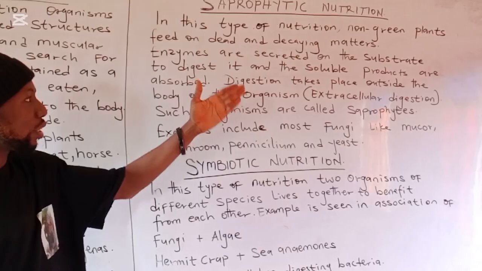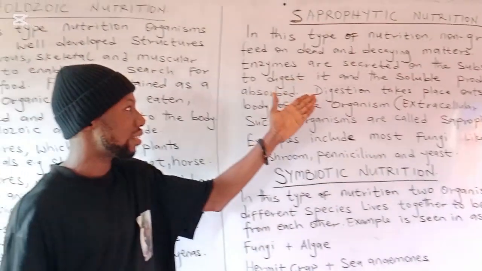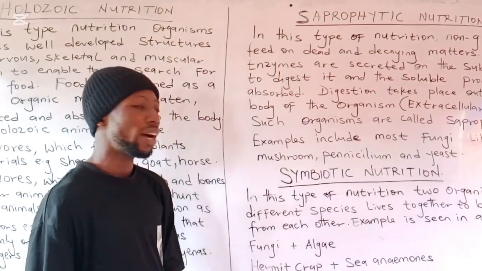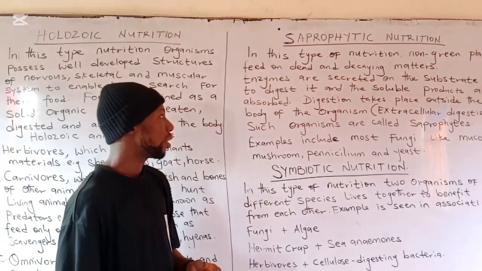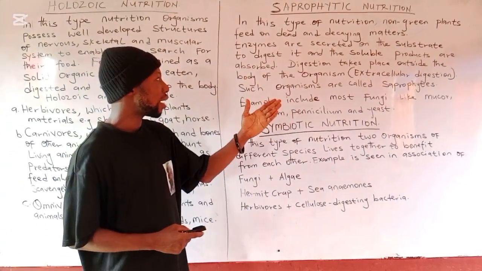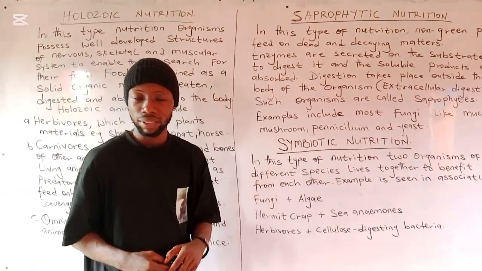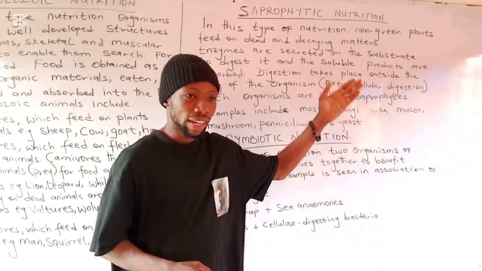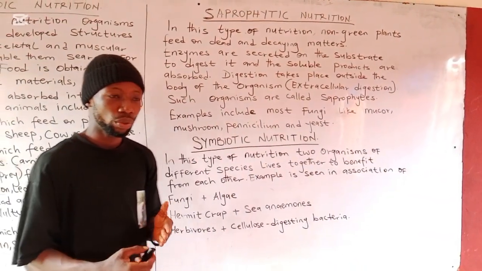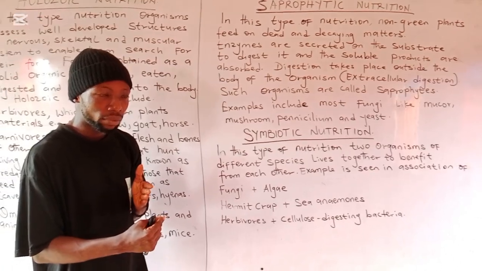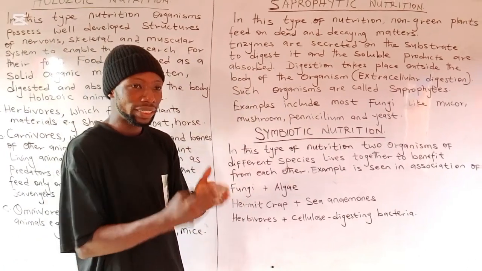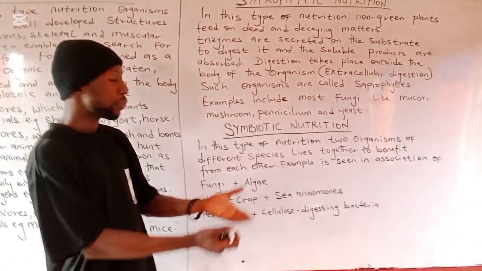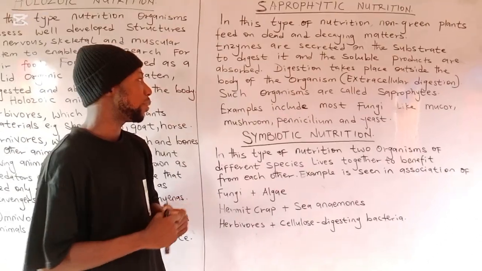Enzymes are secreted on the substrate to digest it, and the soluble products are absorbed. Digestion takes place outside the body of the organism, and that kind of digestion is known as extracellular digestion, because the enzymes are released to digest the substrate before absorption takes place.